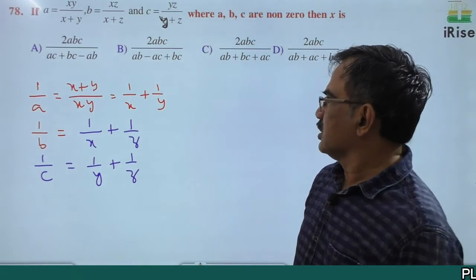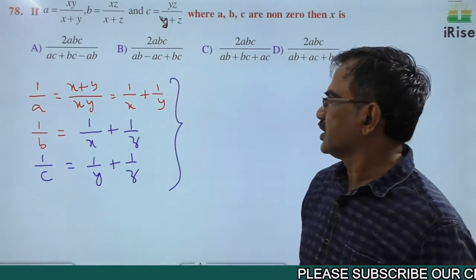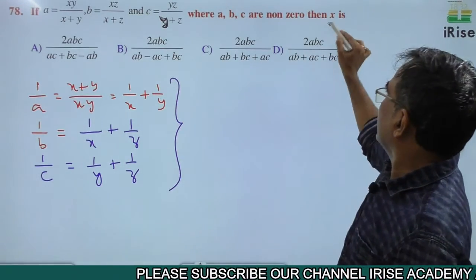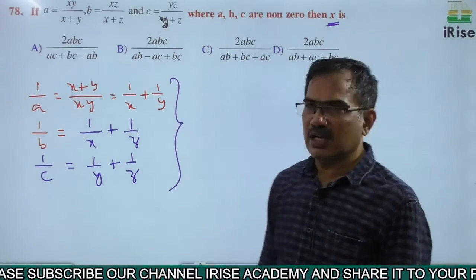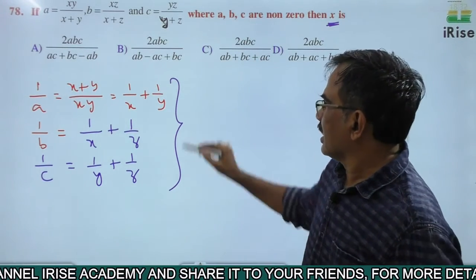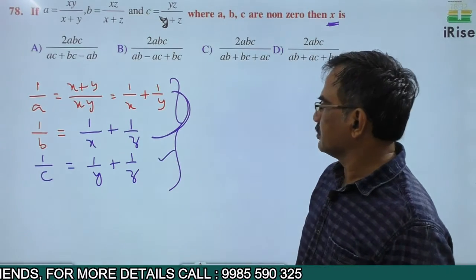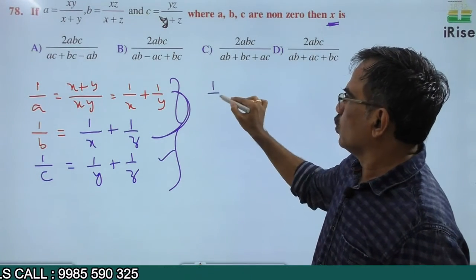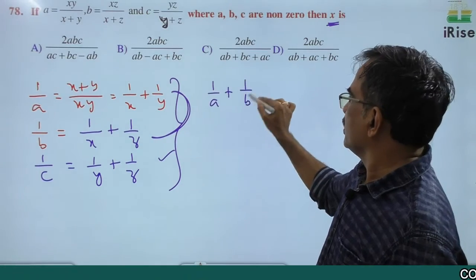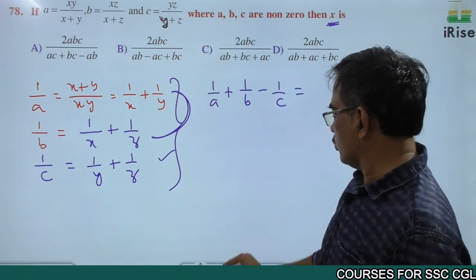See these three carefully. To get the x value, add these two and subtract this. That is 1 by a plus 1 by b minus 1 by c is equal to how much?